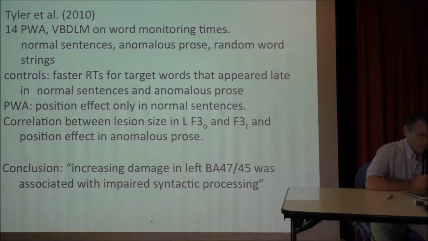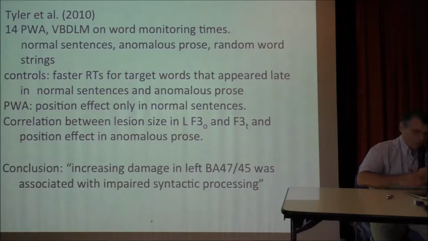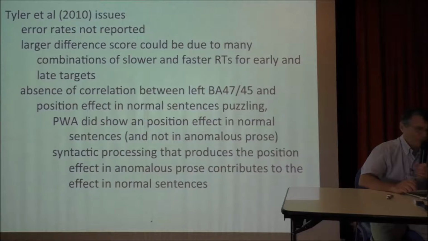And they found a position effect in both anomalous prose and real sentences in controls. There was a negative correlation between lesion size in two parts of Broca's area and the position effect in anomalous prose in the patients. And they said that increasing damage in these two areas is associated with impaired syntactic processing.